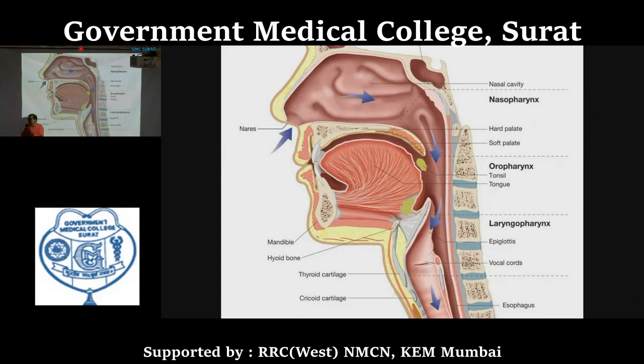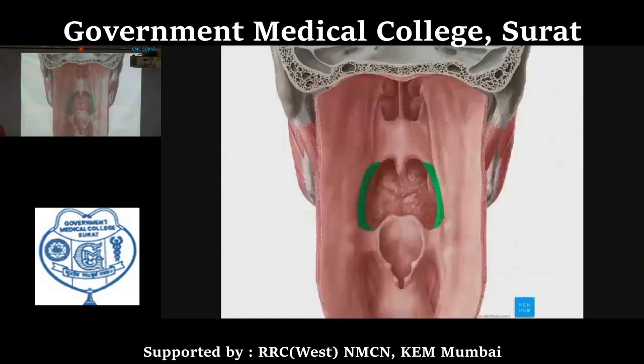Now what is the posterior view? The view is changed. We are looking anteriorly. We are within the laryngopharynx and we are seeing the larynx here. This is the laryngeal inlet. This is the upper border of the epiglottis. From this level the laryngopharynx starts downward.